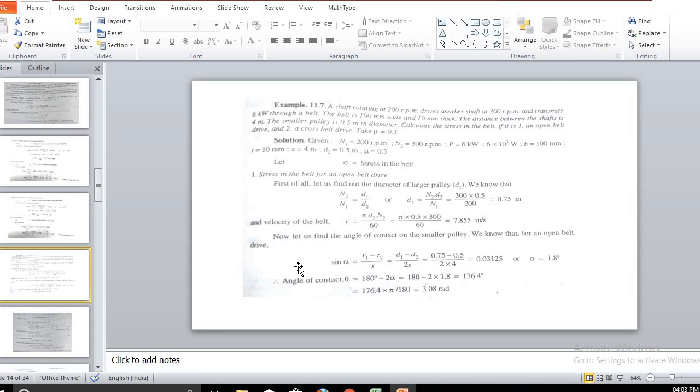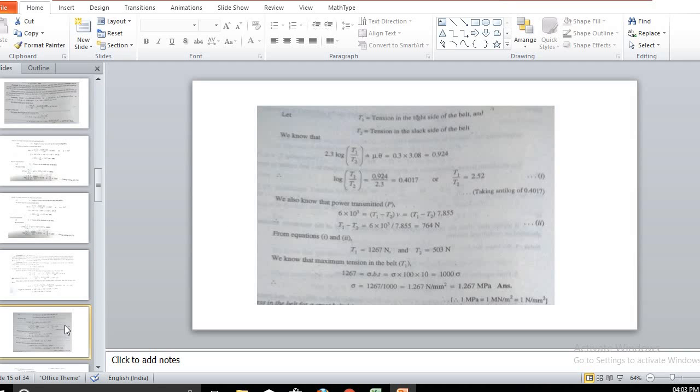Now we use the formula T1 equals sigma bt. b is known, t is known. So for the calculation of T1 we use the formula 2.3 log T1 by T2 equals mu theta.